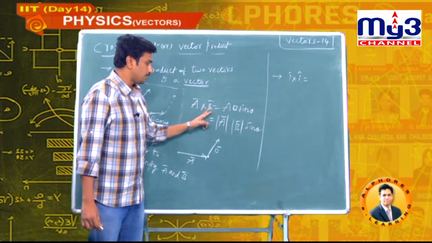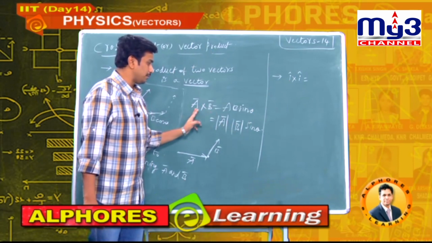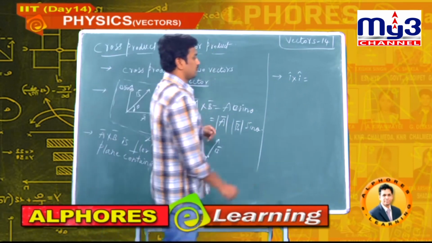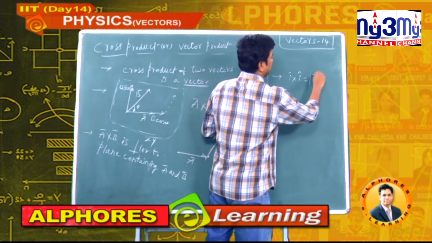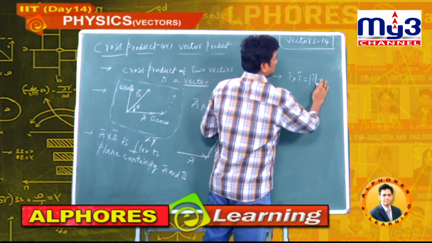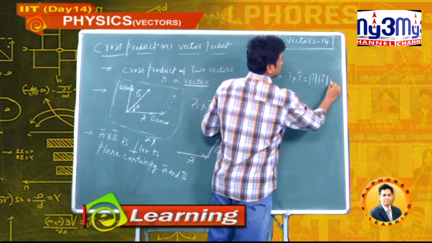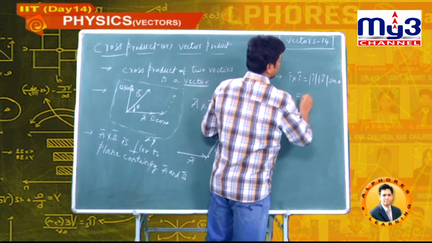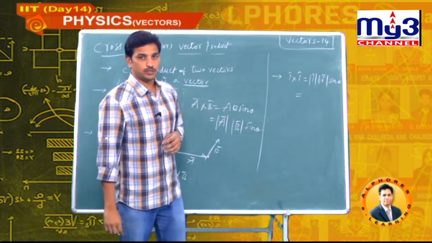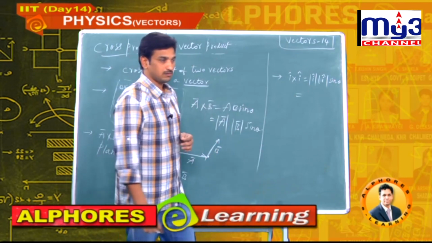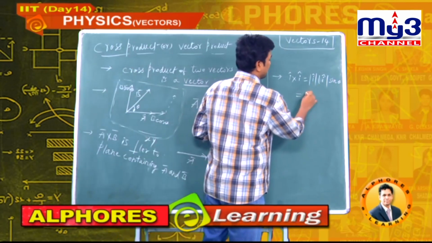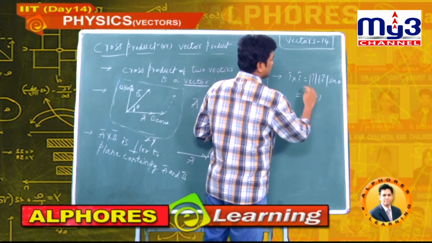Mod A bar, mod B bar, sine of the angle between A bar and B bar. Now for I cap, it is like mod A bar, mod B bar, sine theta. I cap is the unit vector along the X axis. The magnitude of I cap is 1. Magnitude of I cap is 1.